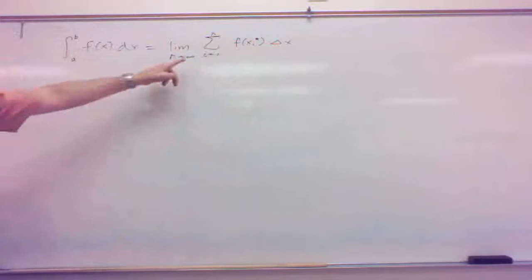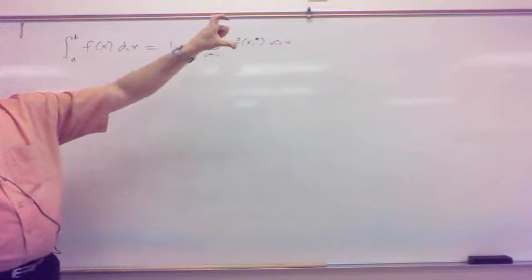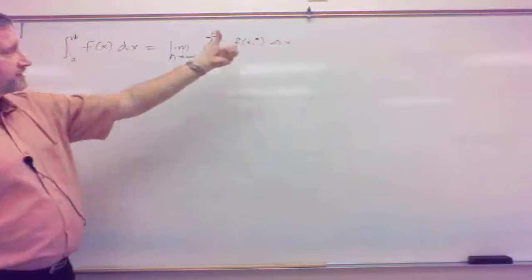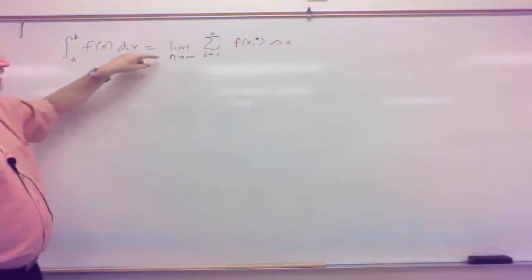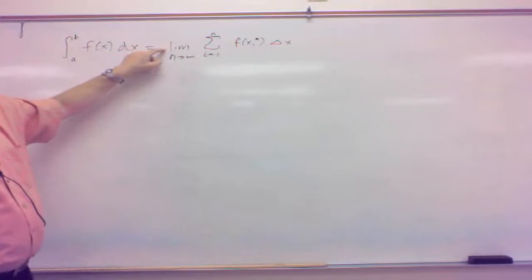This is the sum of the rectangles. Our height is the function value at each point. Delta x is the width. We add those all up, and then what does the limit as n goes to infinity do?